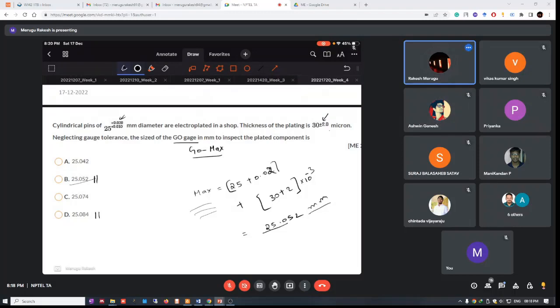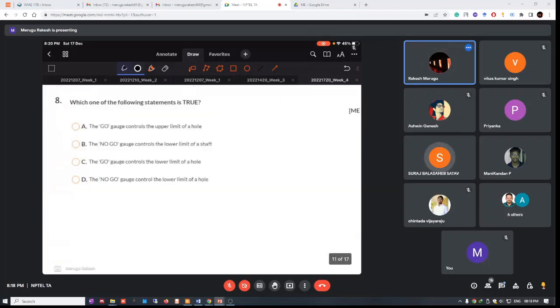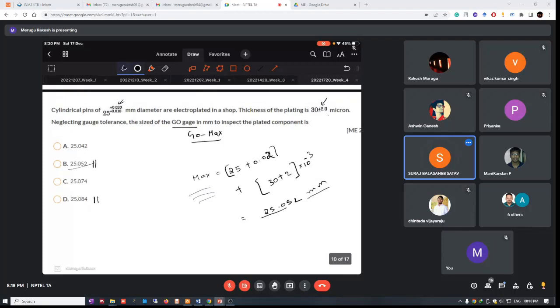Ball. Okay. Sir, it should be D, na, sir. How much you are getting here? I have added thickness 2 times. Why? Thickness of plating, I thought it is given for only one side. So on double, it is pin, na, so it will be on both sides.